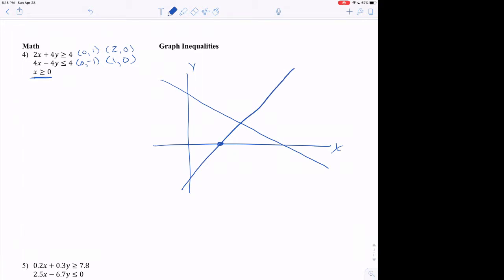So this is the point 1, 0, and this is the point 0, negative 1. So this is the line 4x minus 4y equals 4. This is the point 2, 0, and this is the point 0, 1, and this line is 2x plus 4y equals 4.